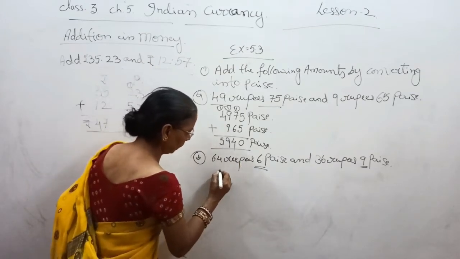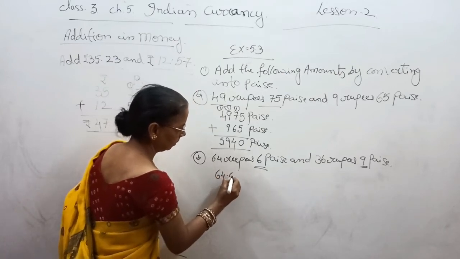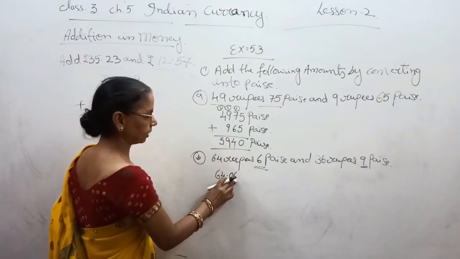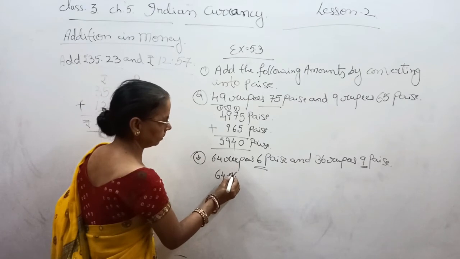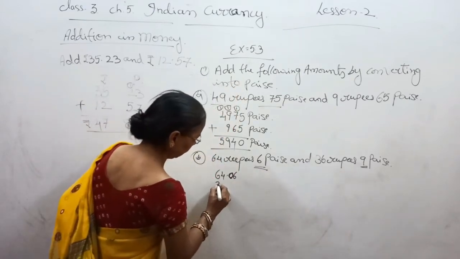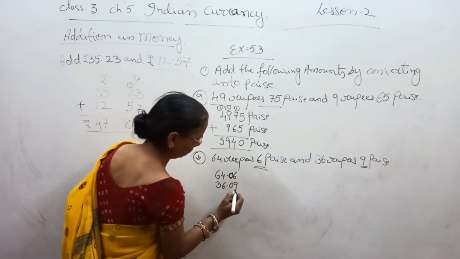Then we take 64.6, that is 6 paise. In the tens place we have to put 0. In the same way 36.9, 9 paise means it is 0.9.